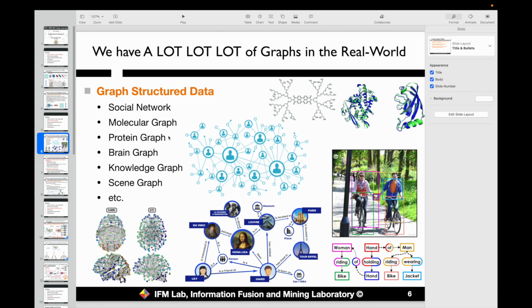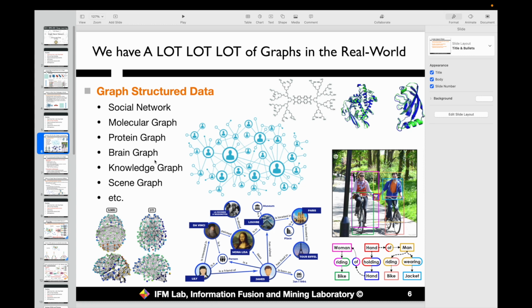And besides this, in neuroscience studies, when we deal with brains, for example, we can also define a corresponding brain graph. We can scan the brain, this organ inside our head, with tools and techniques like CT or fMRI. From the scanning results, we can divide the brain into different regions.